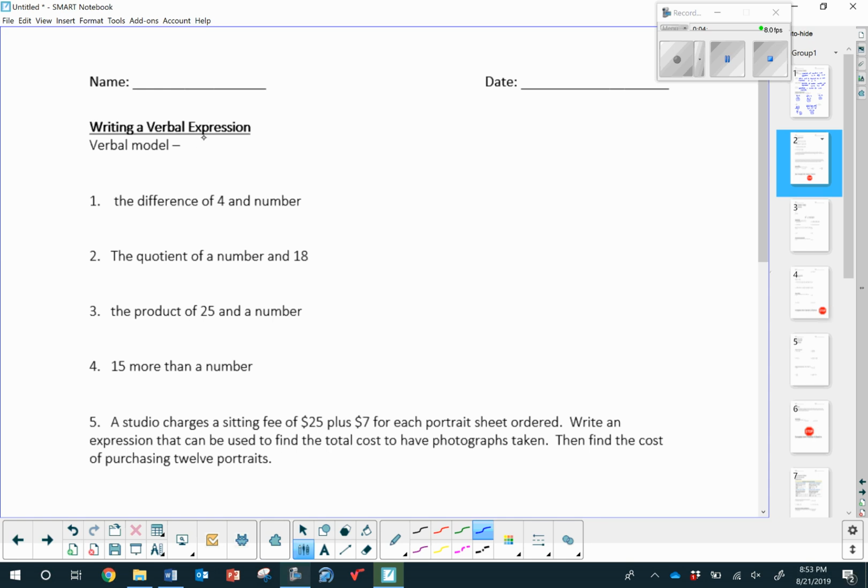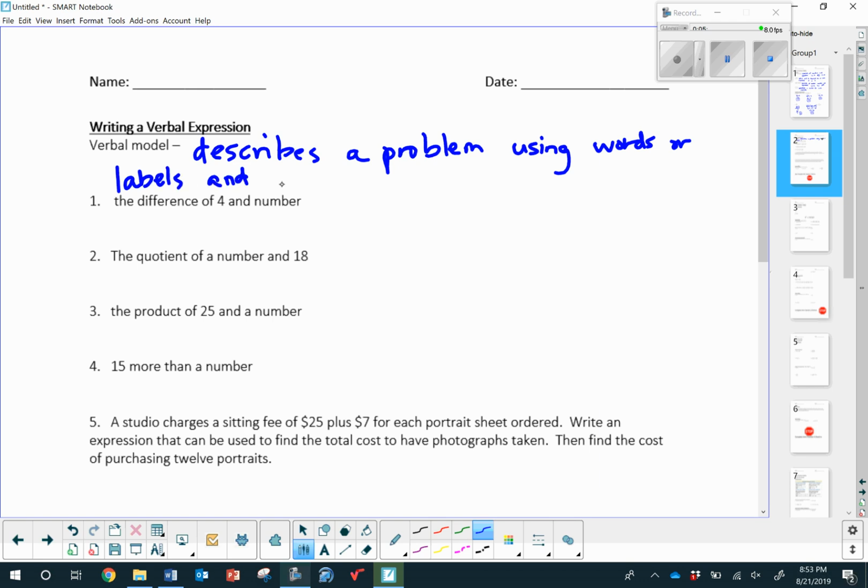A verbal model describes a problem using words or labels, as well as math symbols to relate the words.